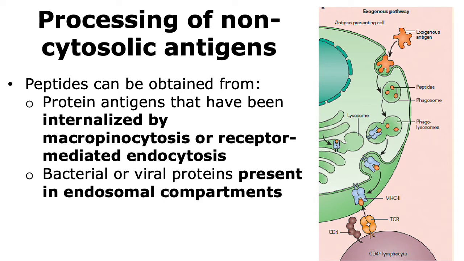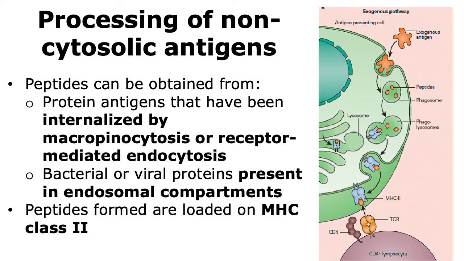Additionally, bacterial or viral proteins that are present in the endosomal compartments of antigen-presenting cells can also be processed to form peptides. These peptides that are formed from the non-cytosolic antigens are loaded onto the MHC Class II molecule.